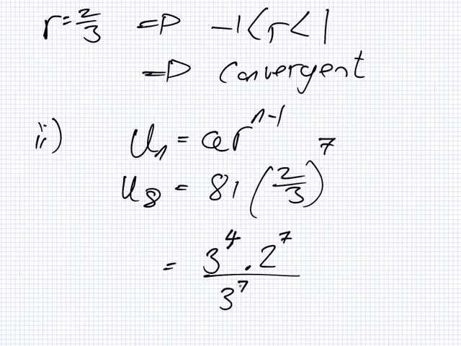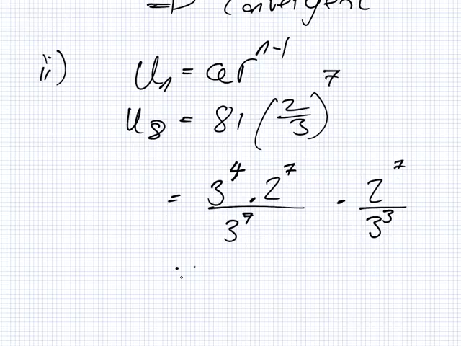Now, you can just use your calculator. 2 power 7 over 3 cubed. 2, 4, 8, 16, 32, 64. 128 over 27? Yes. Amazing. Right, 128 over 27.